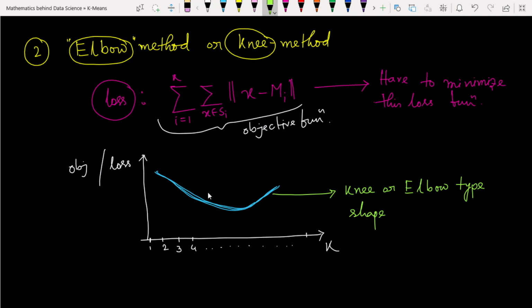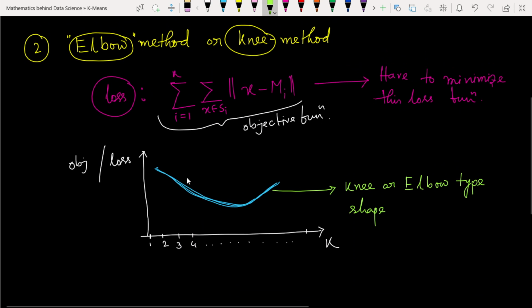Because of this reason, we call this technique the elbow method or knee method, because of the shape that it typically generates.